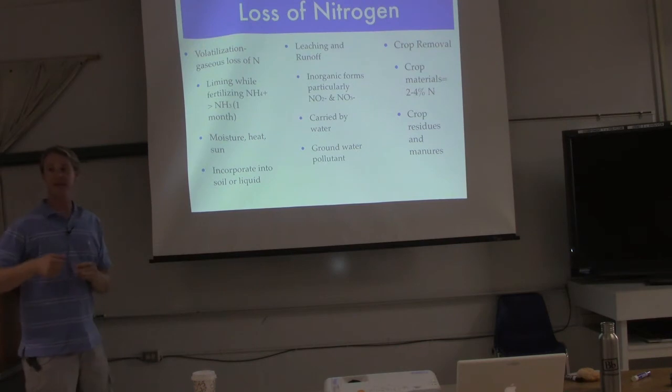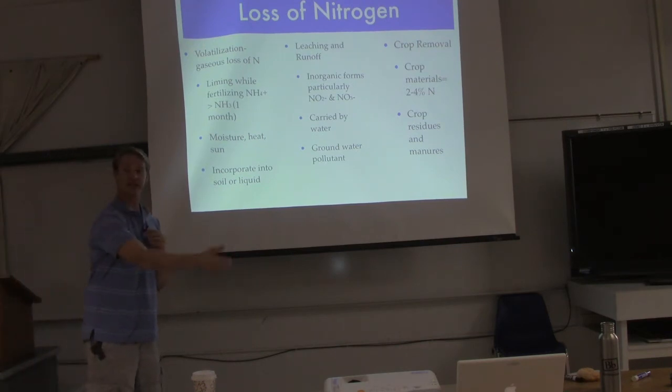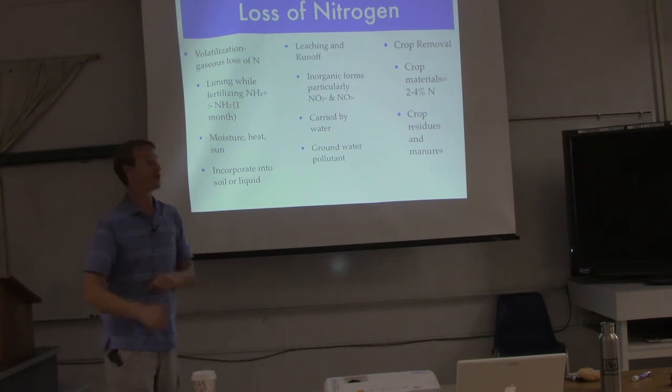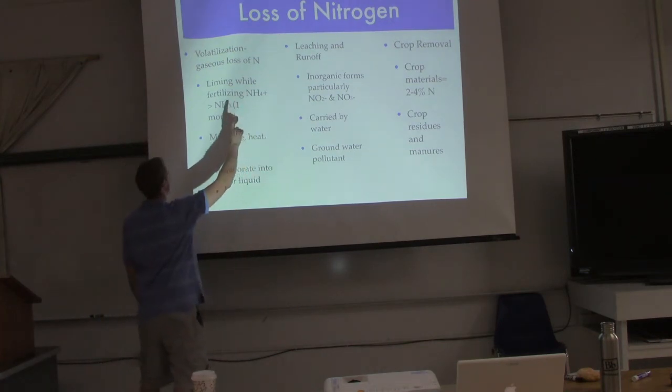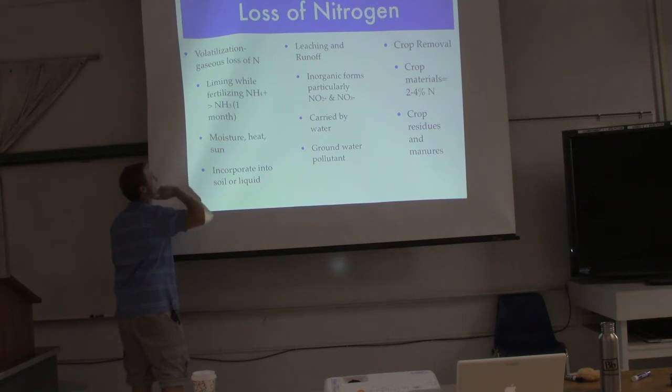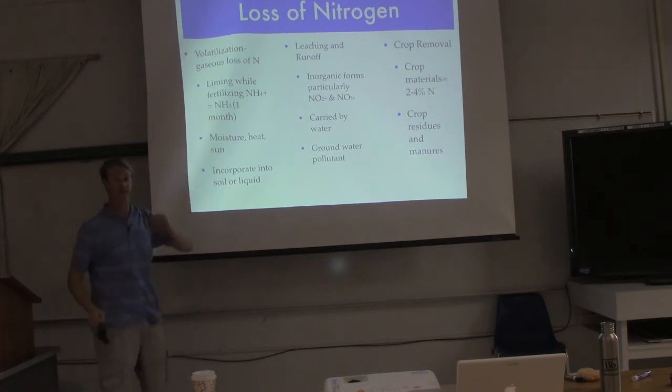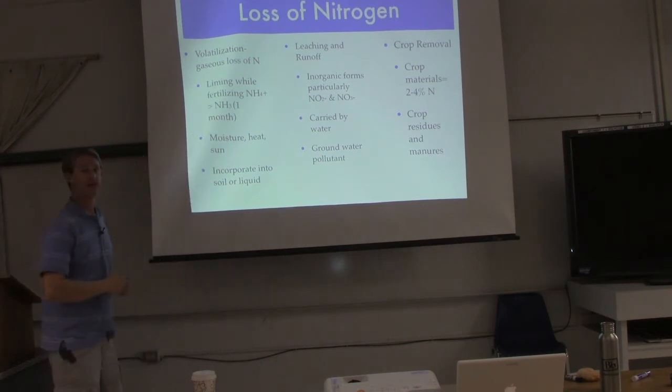Because you have those 2 plus ions, those calciums going in, and they're competing with that nitrogen you're putting in. It's really just good to have a pH base that's stable, and then you fertilize. So never, ever, ever lime and fertilize at the same time. Always lime, and then 1 month later you fertilize. Then you don't have any of these issues with pH and volatilization.